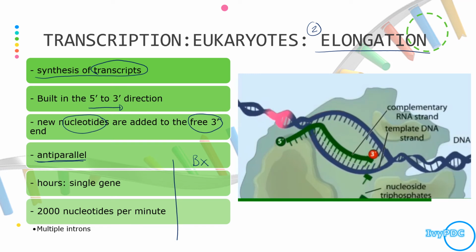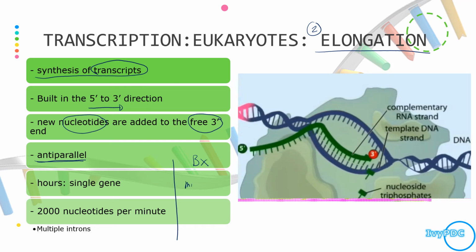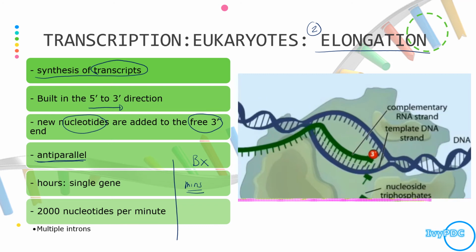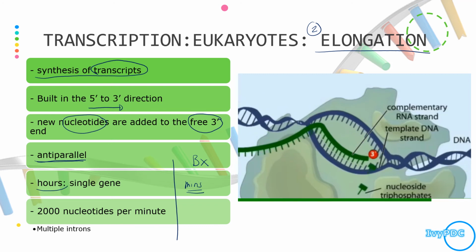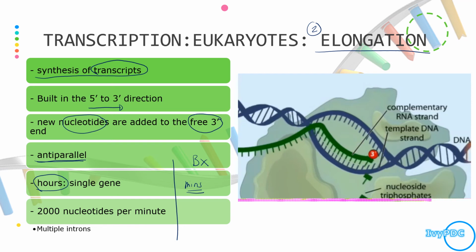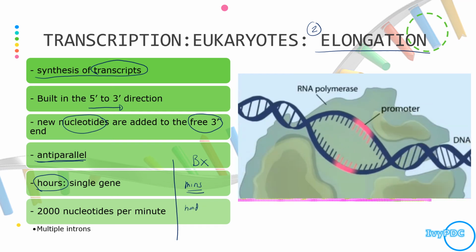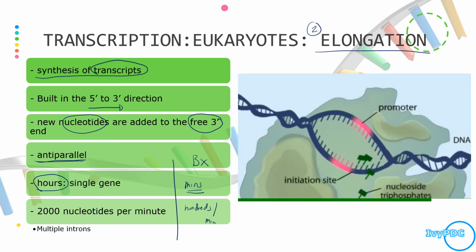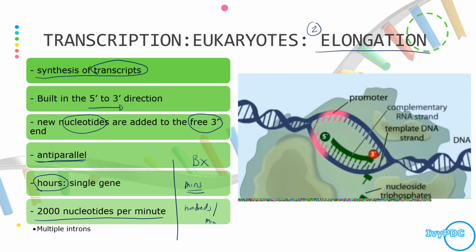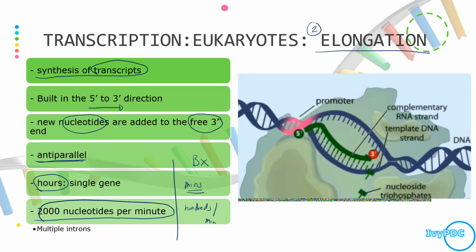For bacteria, it can only take minutes to copy a single gene, while in eukaryotes, a single gene may be copied in a few hours. Bacteria can copy hundreds of nucleotides per minute, while in eukaryotes, up to 2,000 nucleotides can be copied per minute.